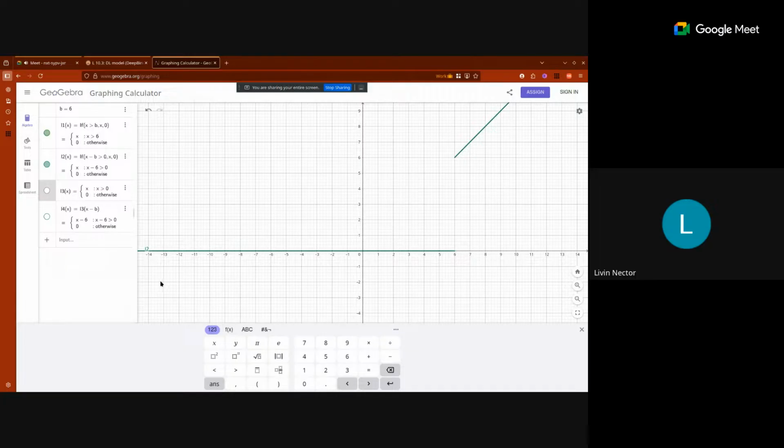It's not like we are shifting it, right? But this one we are shifting it like this. Both values got shifted. So that is moving right by 6 units.